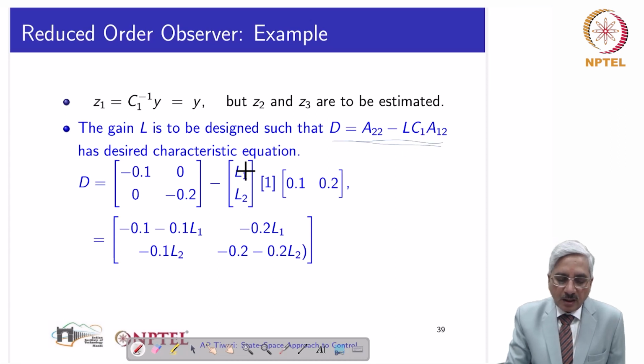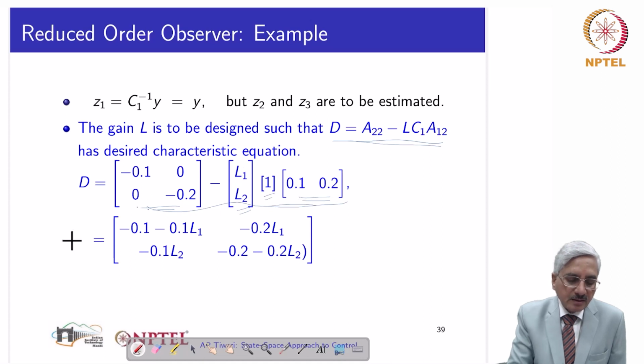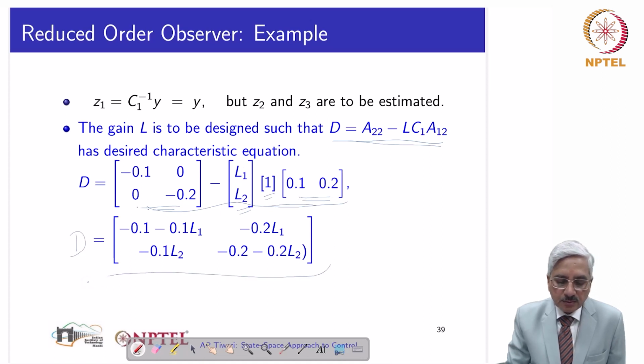So this is L. We have two elements in L, L1 and L2. This is C1 and this is A12, and this is A22. So when we calculate these things, we get D as this.